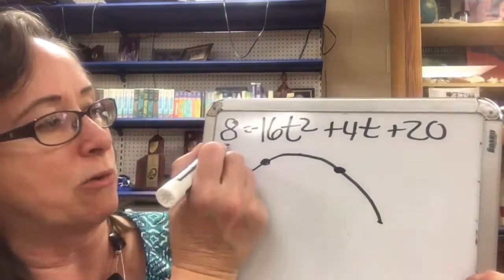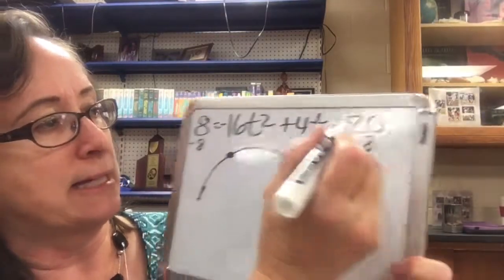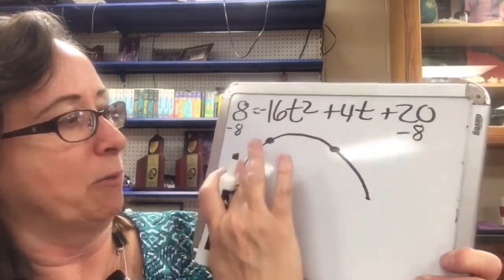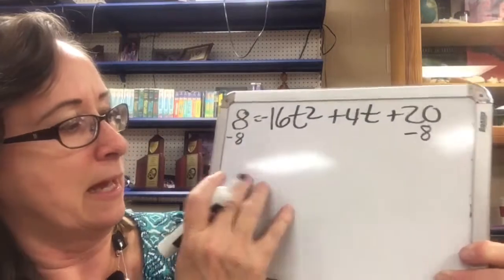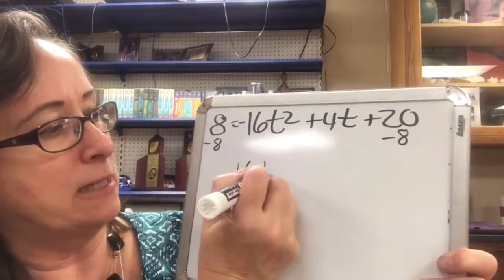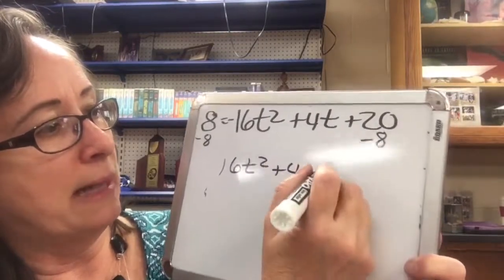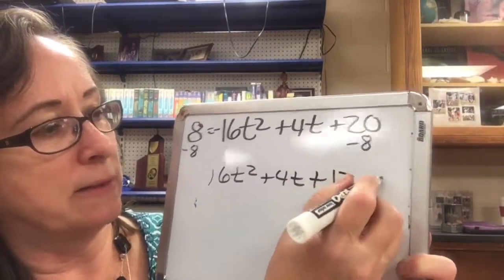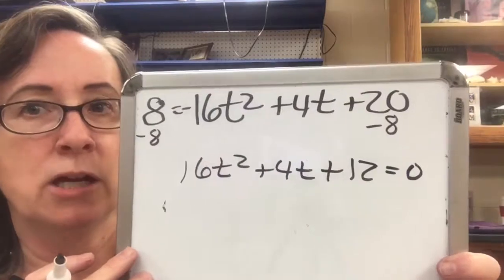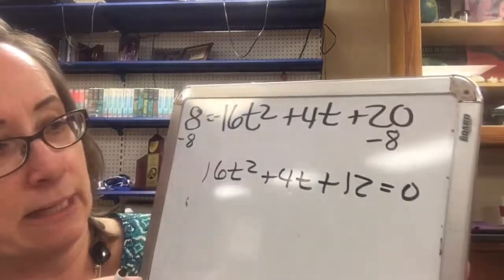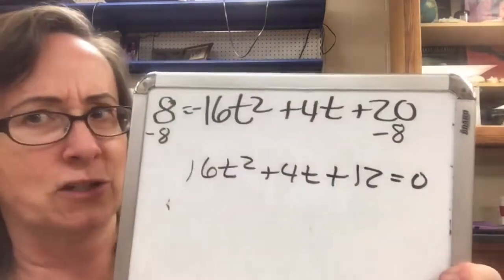So I'm just going to subtract the 8 and subtract the 8, and let me erase my little parabola here. I'm going to get 16t squared plus 4t plus 12 equals 0.